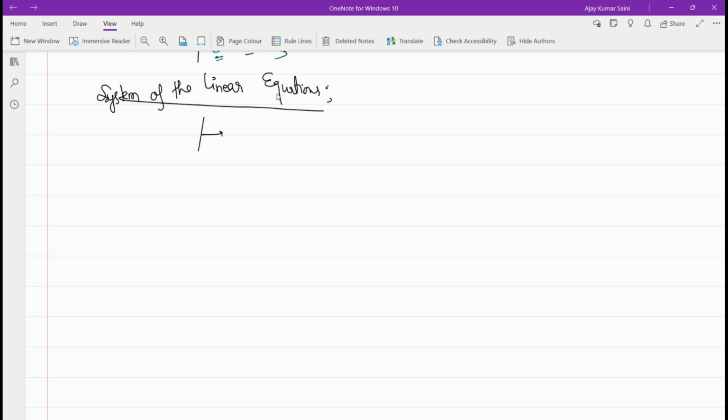So first is the homogeneous linear equation. It is Ax equal to 0.